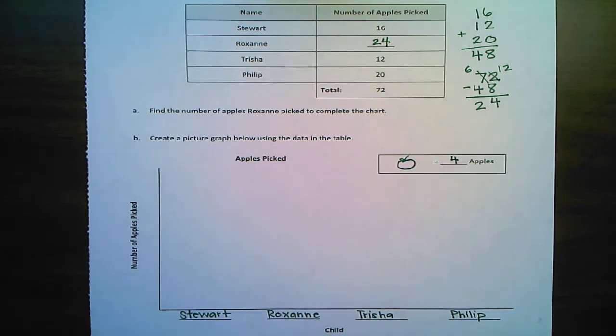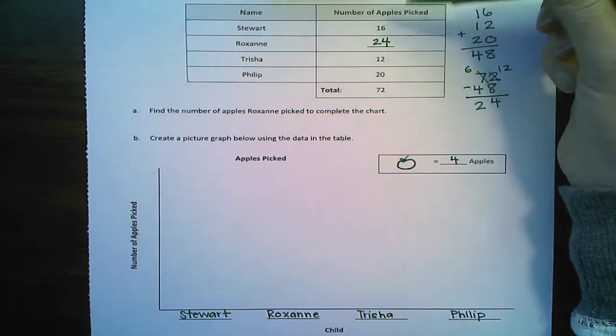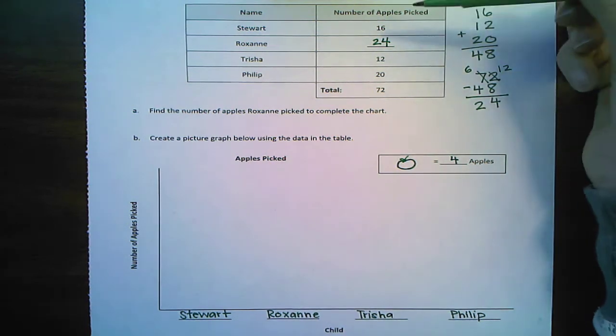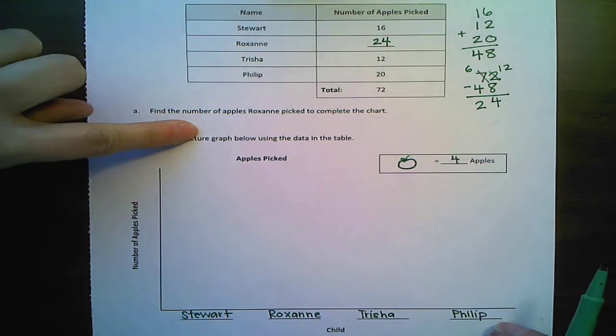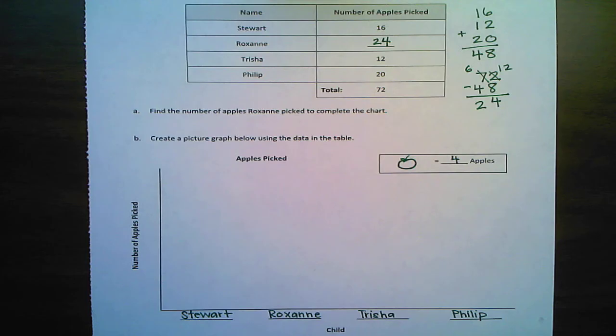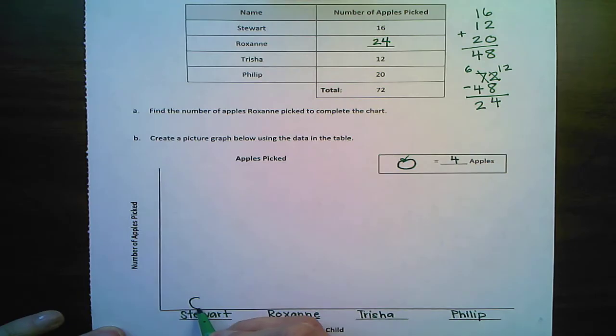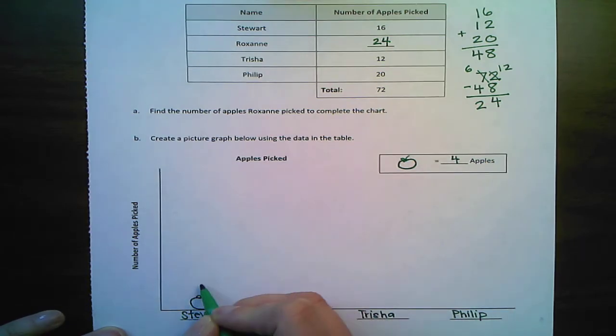Let's talk about Stuart. He picked 16 apples altogether. If we divide 16 by 4, what number will we get, and how many apples do we need to draw? Did you say 4? You're right. Great job. Let's draw 4 apples for Stuart. There's 1.